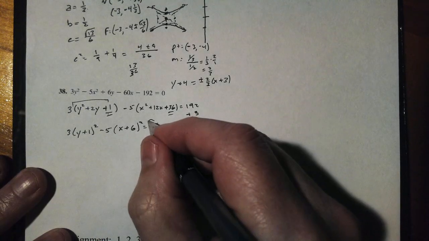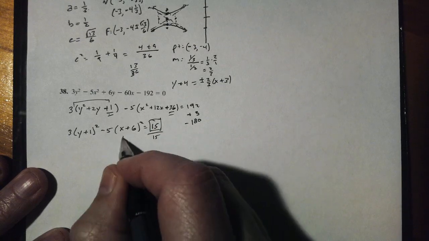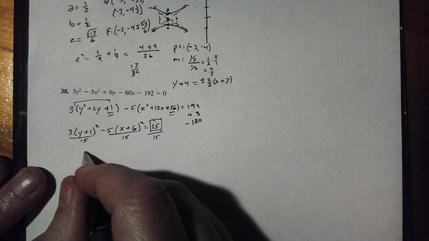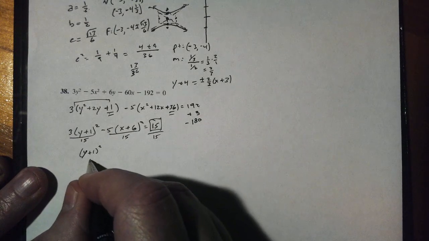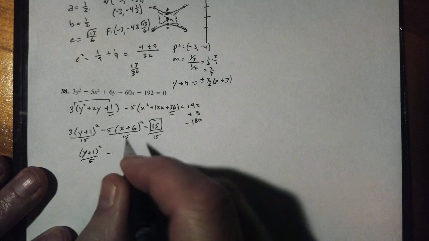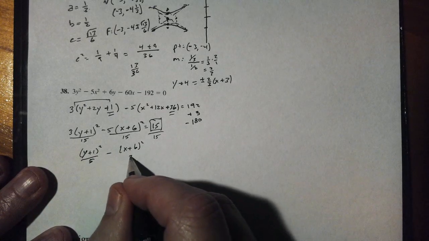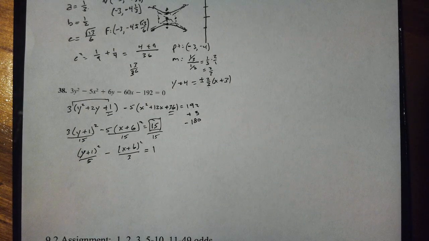So, driven by the 15, I want to turn that into 1. I'm going to divide both sides by 15. y plus 1 squared on 5 minus x plus 6 squared on 3 equals 1. And now I've got what I need.